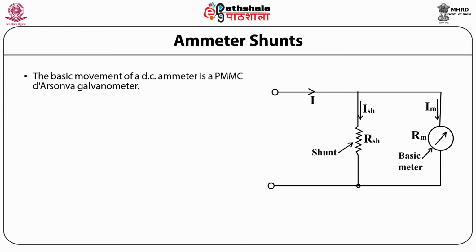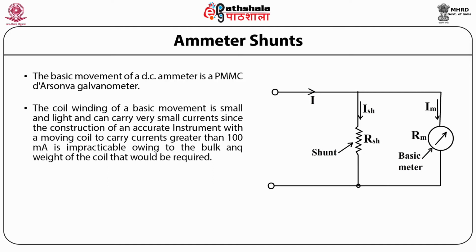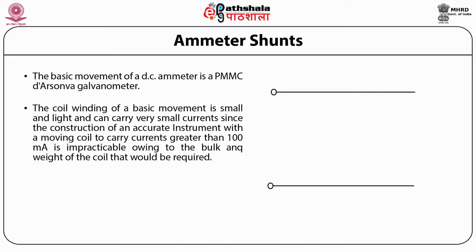The basic movement of a DC ammeter is a PMMC d'Arsonval galvanometer. The coil winding of a basic movement is small and light and can carry very small currents, since the construction of an accurate instrument with a moving coil to carry currents greater than 100 mA is impracticable owing to the bulk and weight of the coil that would be required.